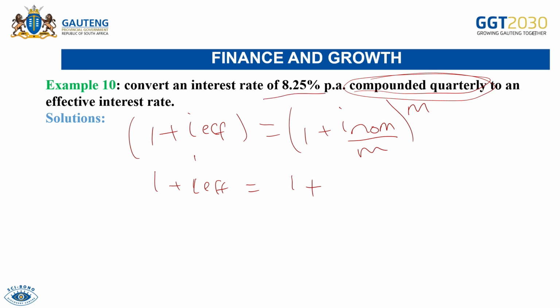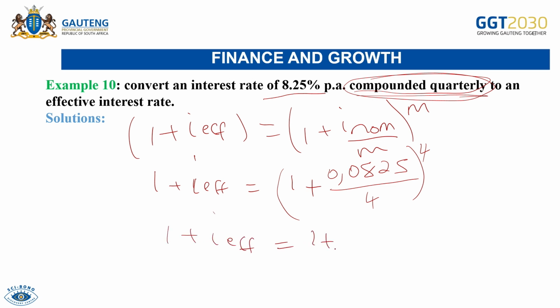But remember, you need to divide it by 100, so you'll get 0.0825. Then you divide it by quarterly. How many quarters do you have in a year? It's 4. Then the exponent is going to be 4 as well. So 1 plus i effective equals 1 plus 0.0825 all over 4, with exponent 4. If I take the 1 to the other side, it is going to be minus 1.